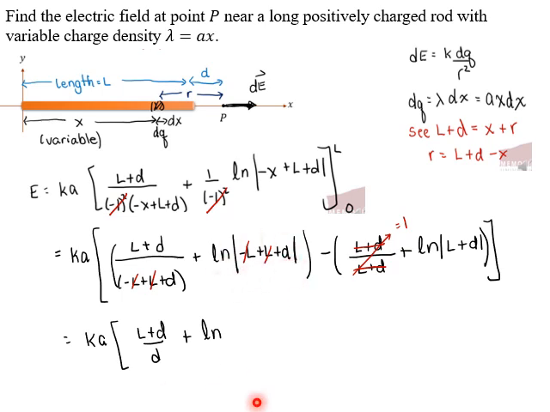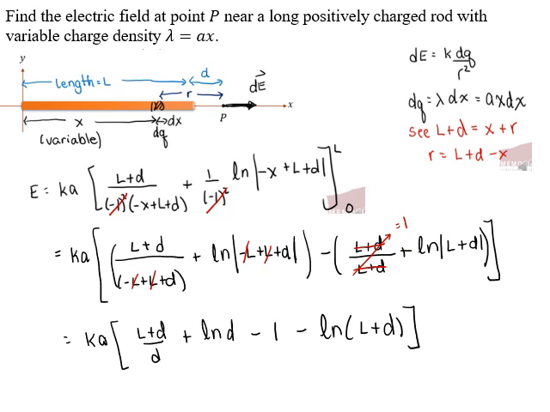D is positive, so I'm going to drop my absolute value signs. And then I've got subtract this term, which is my 1. And then I've also got subtract natural log. Again, I've got absolute values here, but L plus D is a positive term, so I can just drop those and write it as brackets.